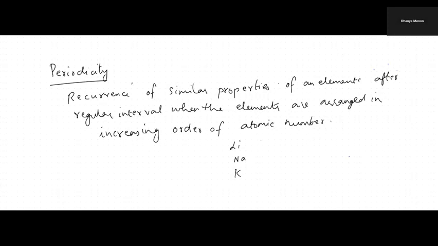Now, what is the cause of this? For example, lithium, the configuration is 1s2, 2s1. Sodium is 1s2, 2s2, 2p6, 3s1.